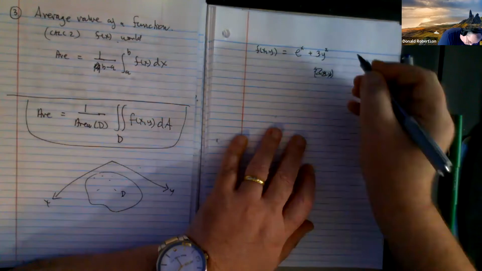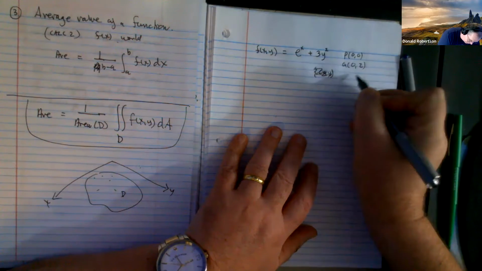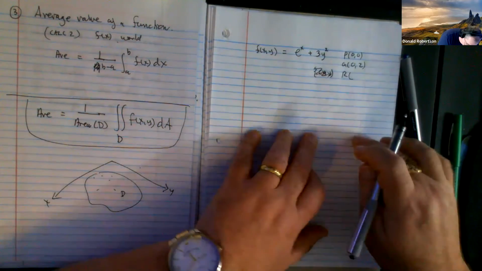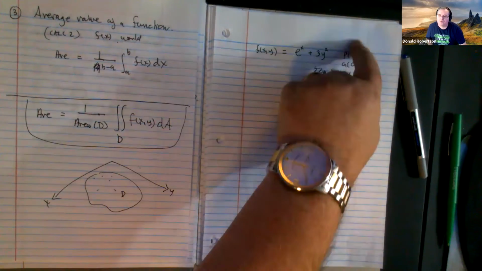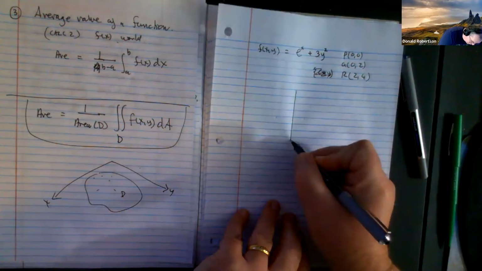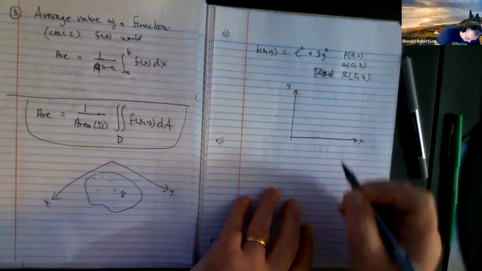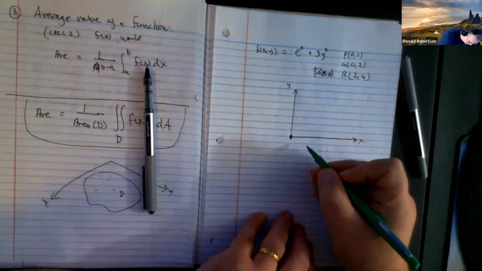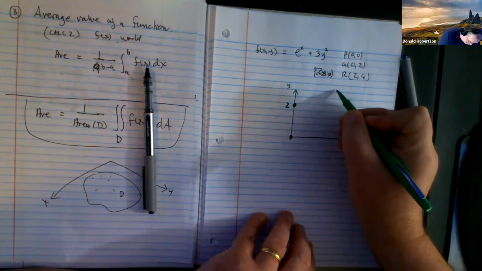It's the points from 0, 0 to 0, 2 to 4. So this is the region D, the triangle formed by this, and we're being asked to find the average value. So I'll start by creating the triangle 0, 0, 0, 2, and 2, 4.